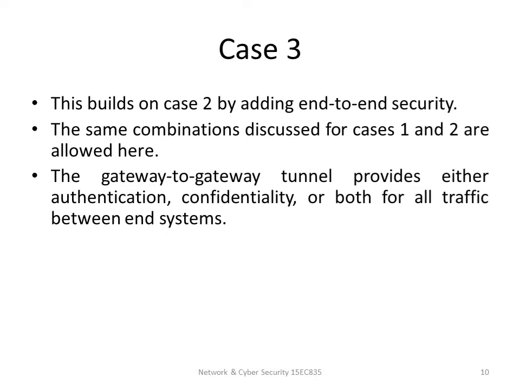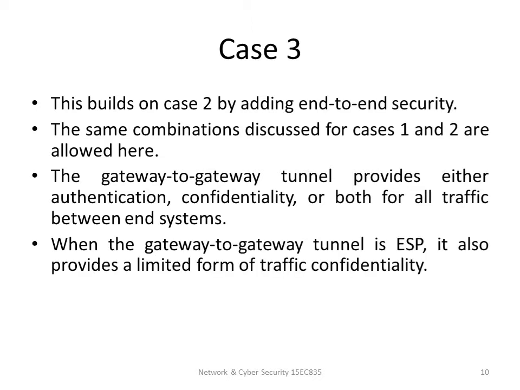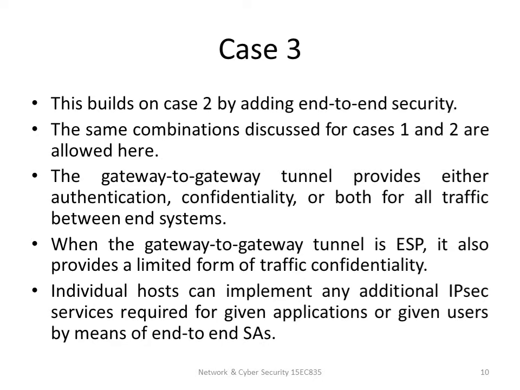The gateway-to-gateway tunnel provides either authentication, confidentiality, or both for all traffic between end systems. When the gateway-to-gateway tunnel is ESP, it also provides a limited form of traffic confidentiality. Individual hosts can implement any additional IPsec services required for a given application or given users by means of end-to-end SAs.